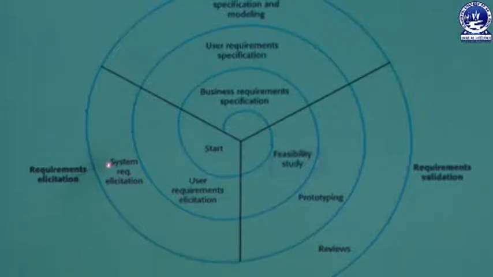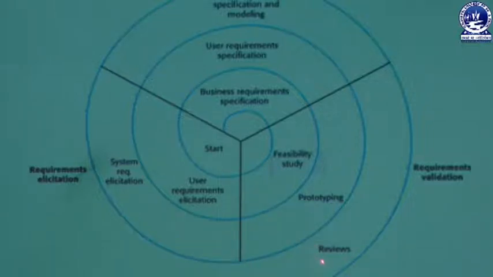After getting the system requirements, we will have the system requirement specification and modeling. Like here we have the user requirement illustration and we got the document, that is the user requirement specification. Similarly for the system requirement illustration, we will get the system requirement specification and modeling, and after that we will give that document to the customer for review purposes.